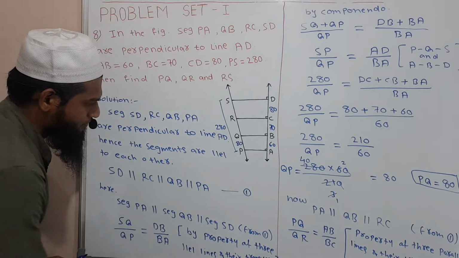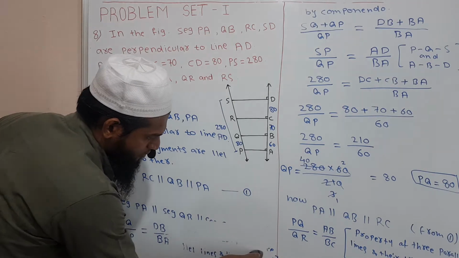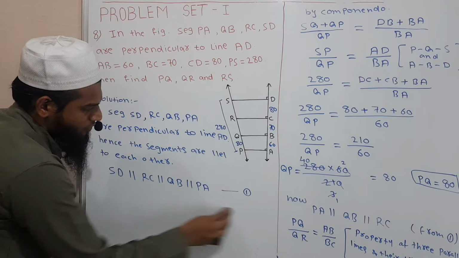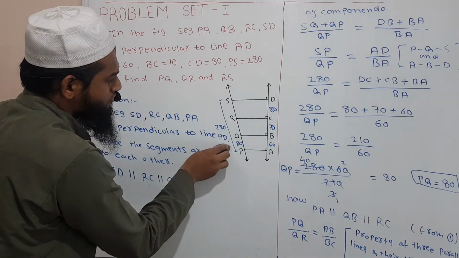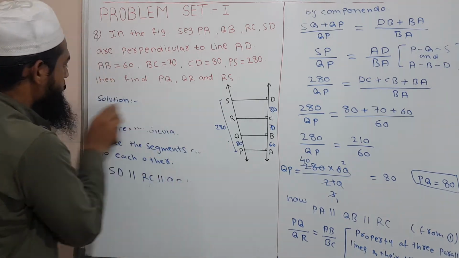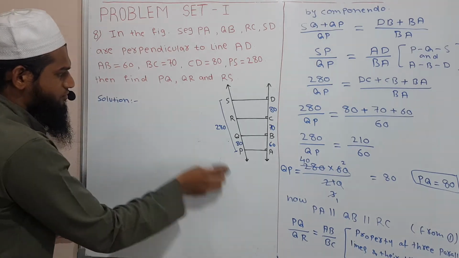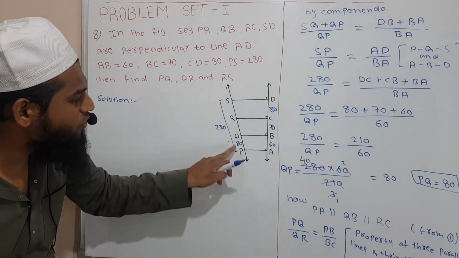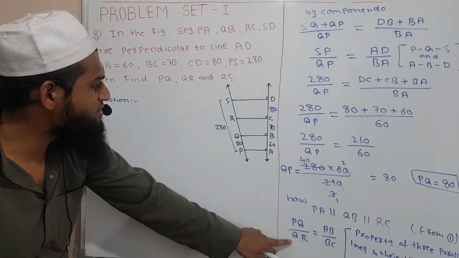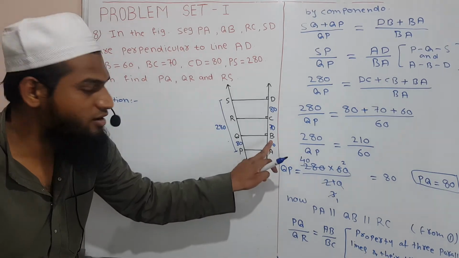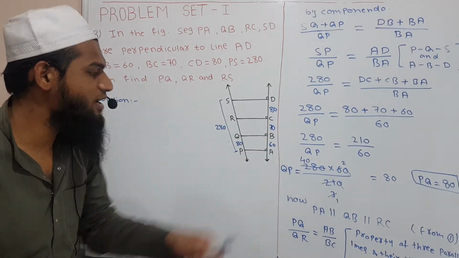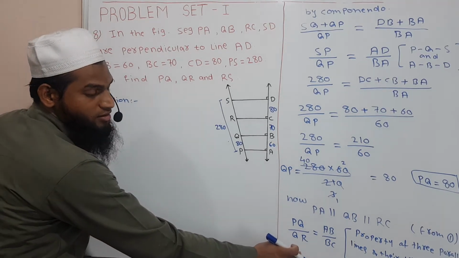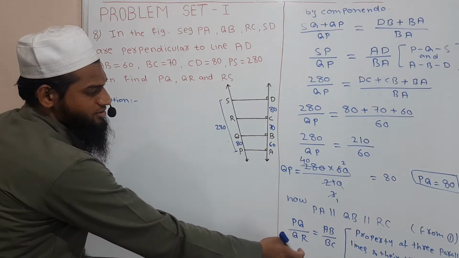The value of PQ is 80, the value of QR we have to find, and the values of AB and BC we know. So we just have to put the values in equation number 2.